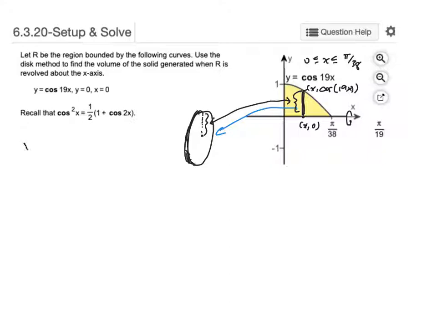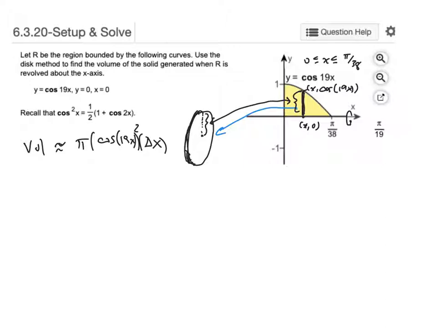The volume of that one disk is approximately pi times the radius squared times the thickness. The radius of the disk is the same as the length of the stick, which is cosine of 19x. So that's the radius, and we're doing pi r squared.